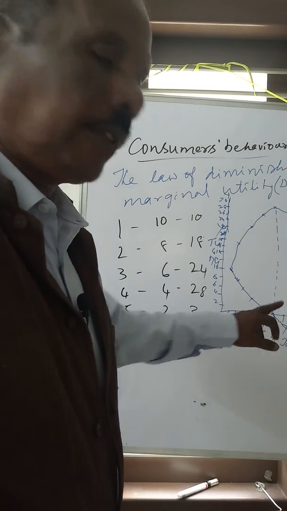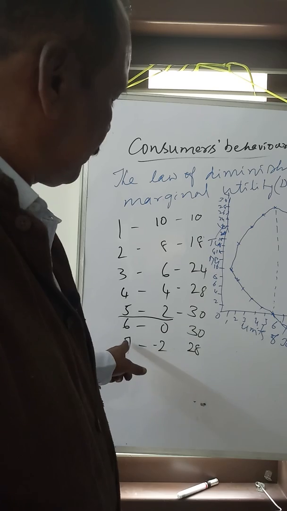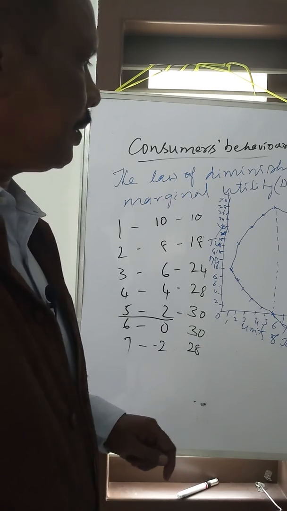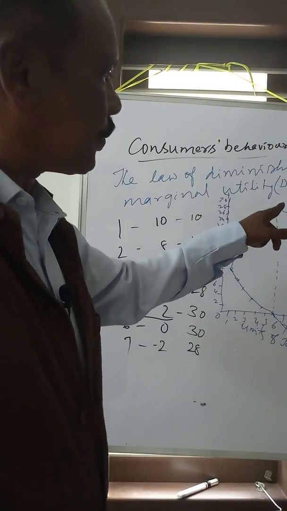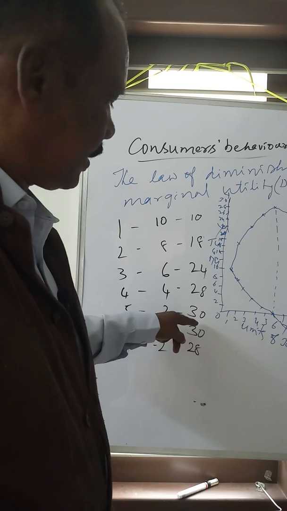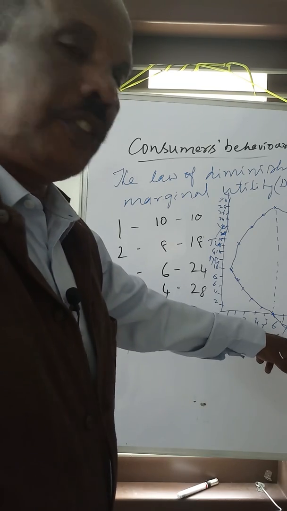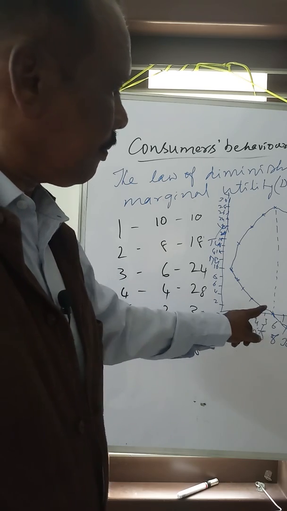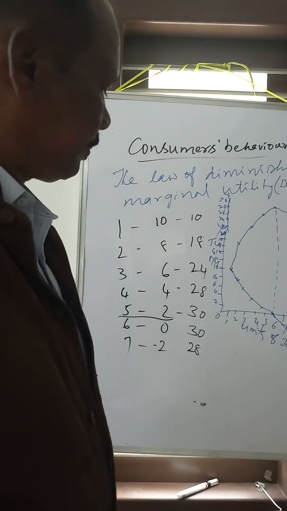Suppose the consumer takes the seventh one, he gets disutility. That means when total utility starts falling, from 30 to 28, the marginal utility will become negative. It enters the negative portion.